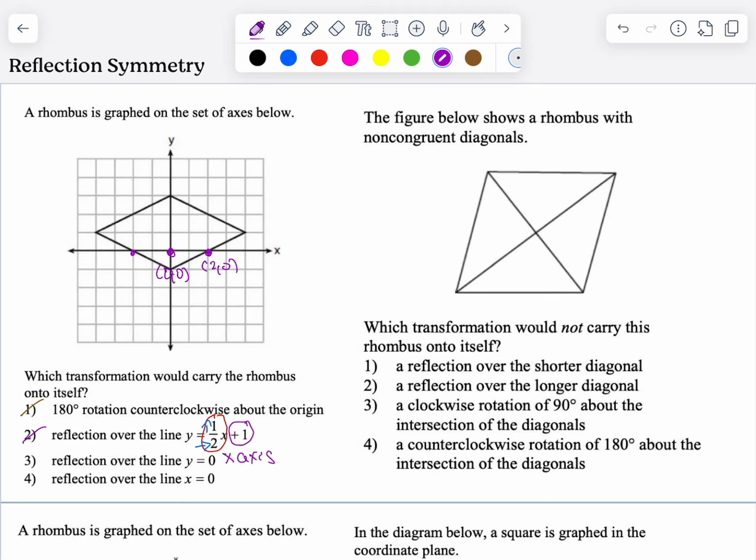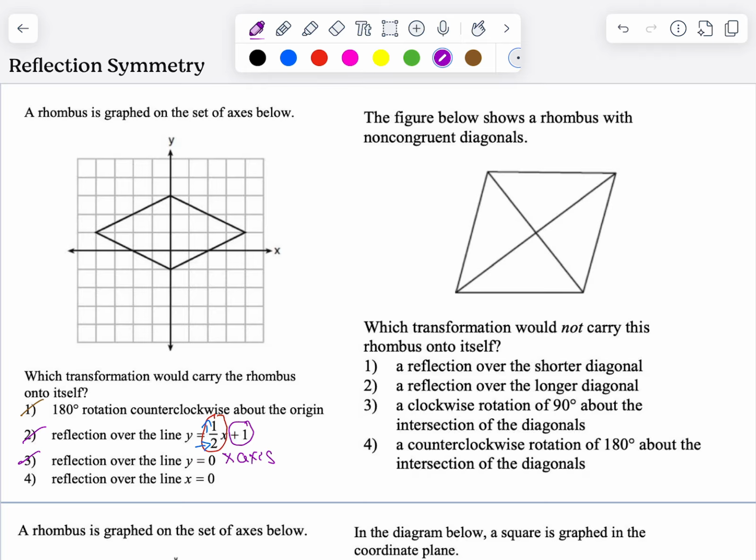If I take this point, negative 2, 0, y coordinate of 0. In fact, any point I take along the x-axis will have a y coordinate of 0. So the x-axis is the line y equals 0. And clearly, this is not a line of symmetry. It doesn't even come close to making mirror images on either side of the line. So we can rule out this answer choice.